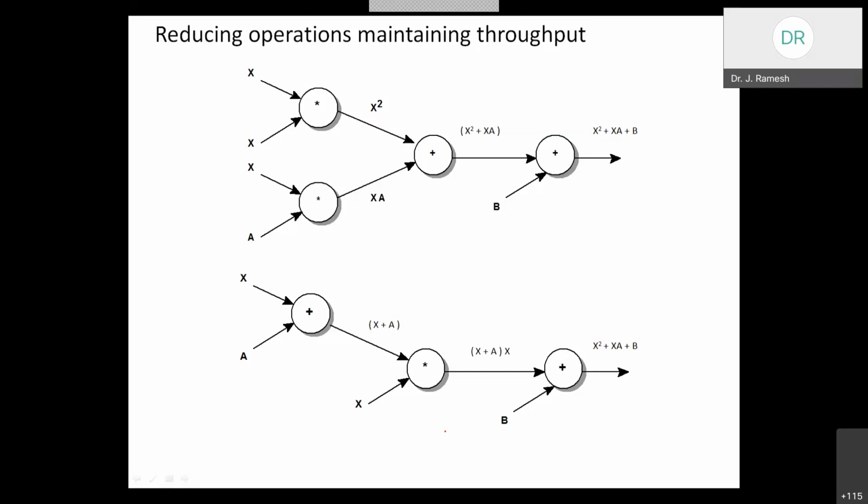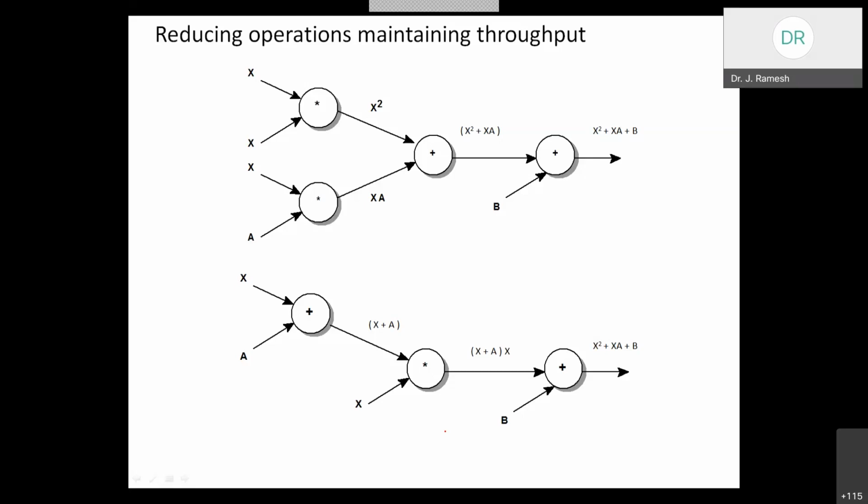Normally we used to call it sub expression elimination or sub expression sharing. Those concepts which are used for numerical strength reduction can be applied here also. So in the expression x square plus xa plus b, we take x common outside, so that we get x plus a.